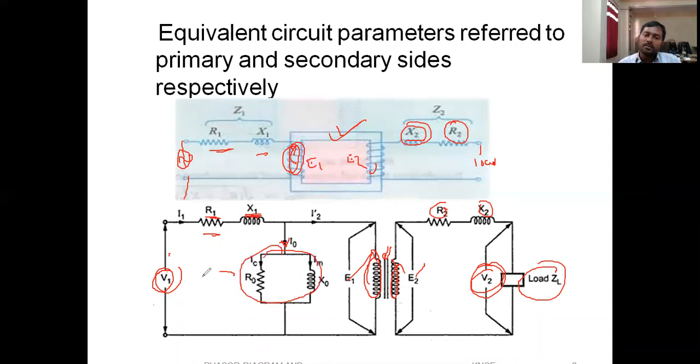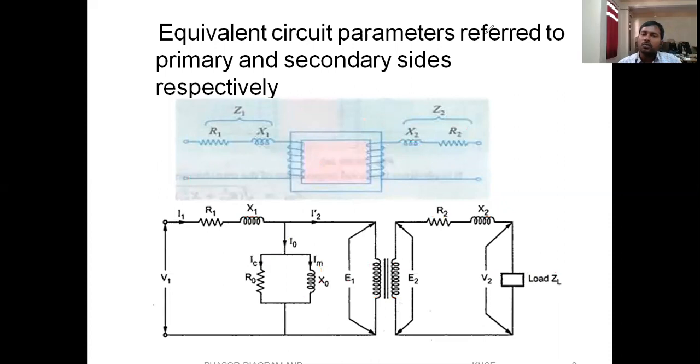This must be connected in parallel with the supply voltage, and you may work out why this is connected after R1 and X1. So this must be I1, this must be I naught, and this must be I2 dash.